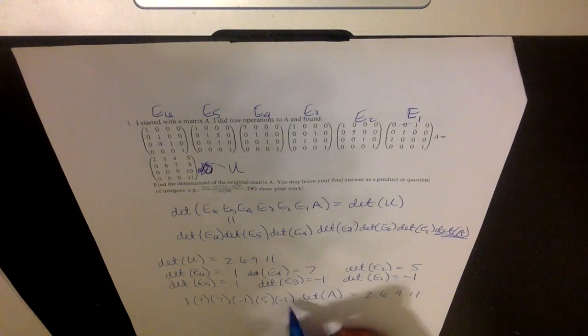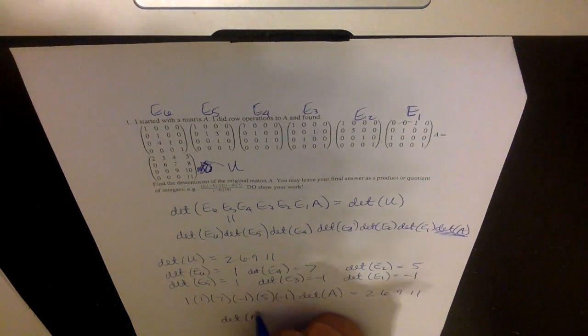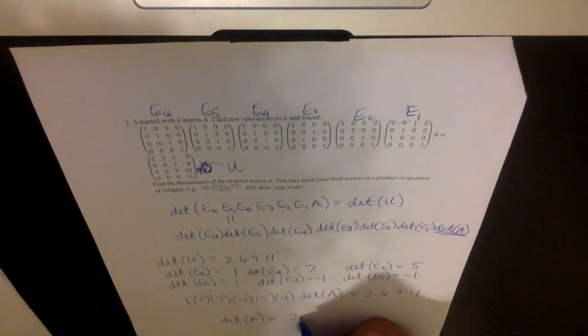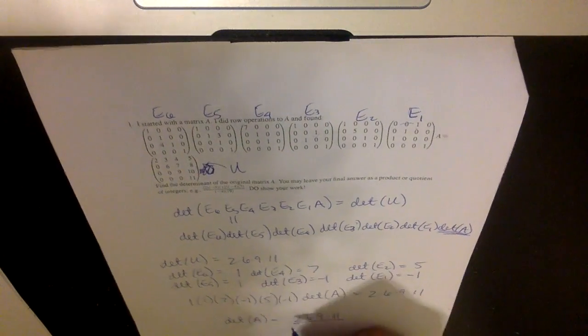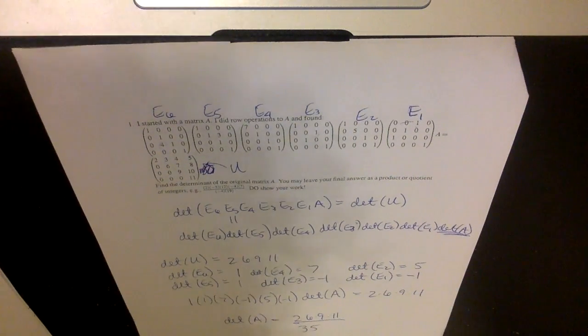There's only one thing we're looking for here, that's the determinant of A. So we get that the determinant of A is 2 times 6 times 9 times 11 over 5 times 7, which is 35. Those negatives cancel when we divide.